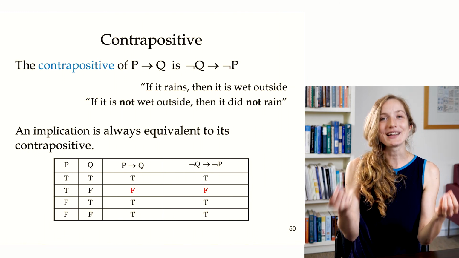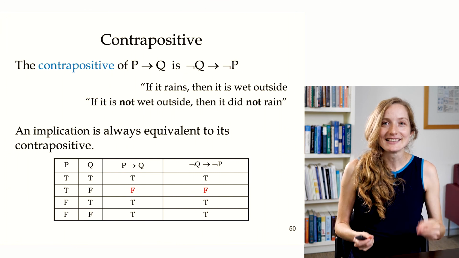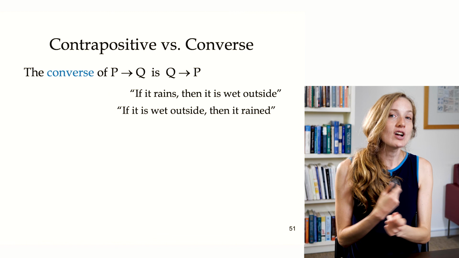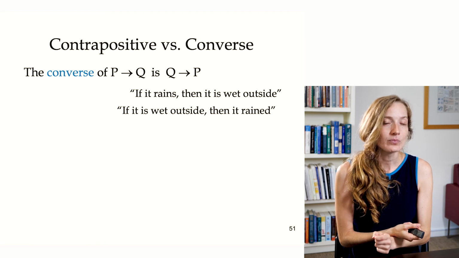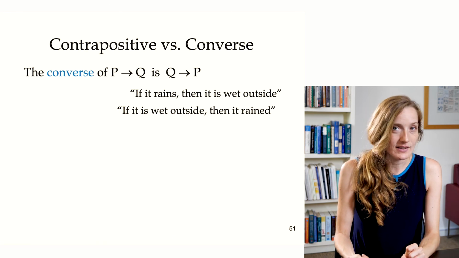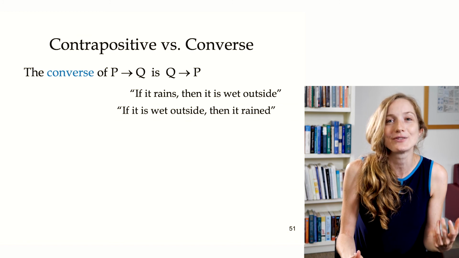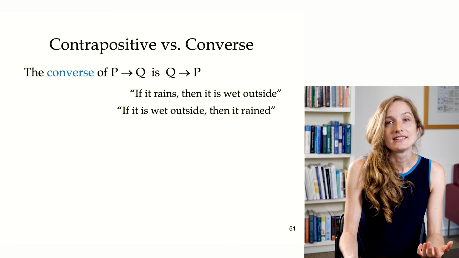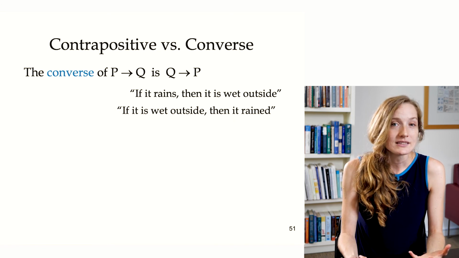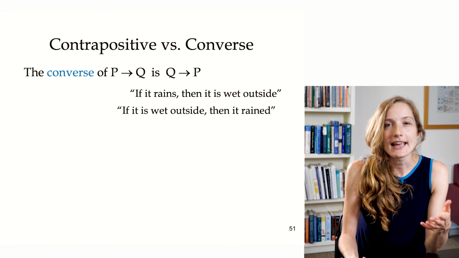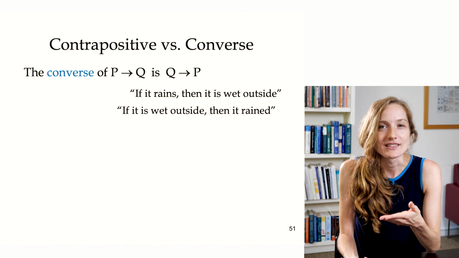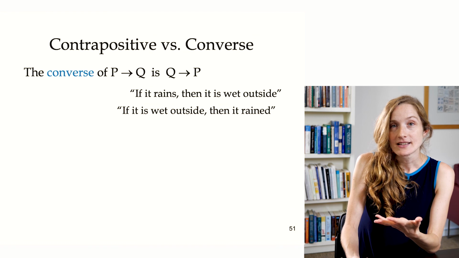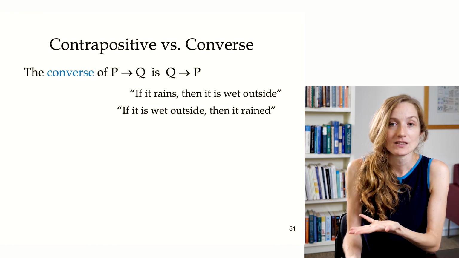For the contrapositive, again, I flip the order and I negate, and this stays equivalent. What if I just flip the order? This is known as the converse of P implies Q. Here we have Q implies P. Is the converse equivalent? Let's take a look. Again, if it rains, then it's wet outside. Is it the case that if it's wet outside, then it must have rained?